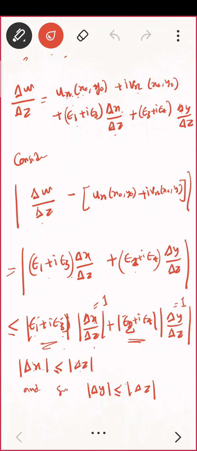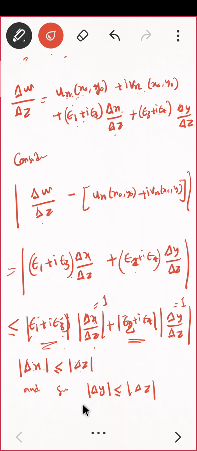Once you put in the CR equation, you will have something like this, and observe that this is equal to ux plus ivx plus something. You didn't even need to do this. If you directly take the limit delta z tending to 0, this part, everybody will go to 0, and you'll have this. That is also okay.